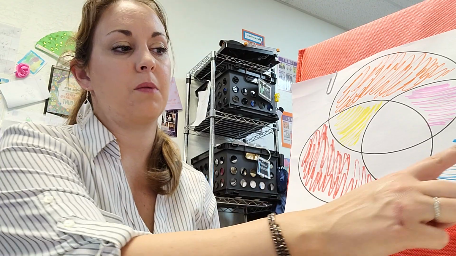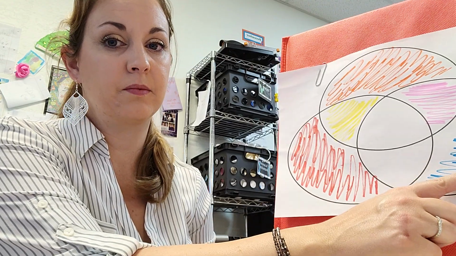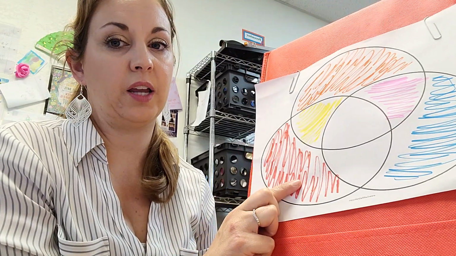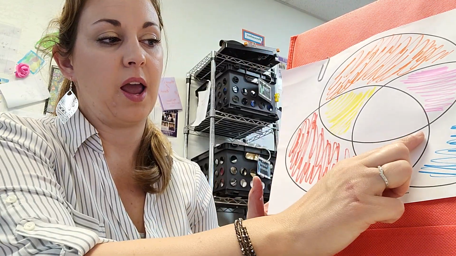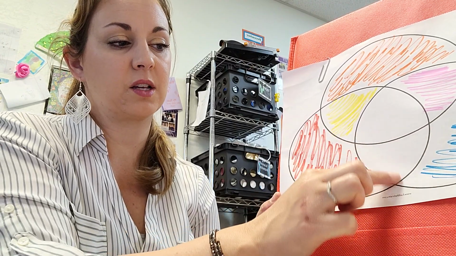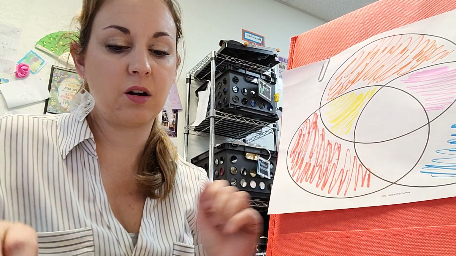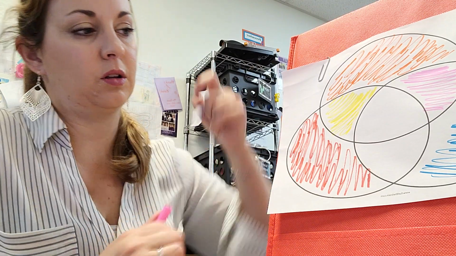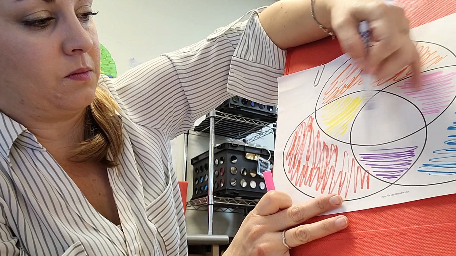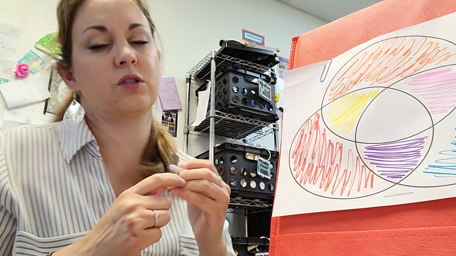Lastly, you're going to compare story 3, the blue story, with story 2. Anything that's true about both of those stories is going to go in this part here, where those two circles overlap.